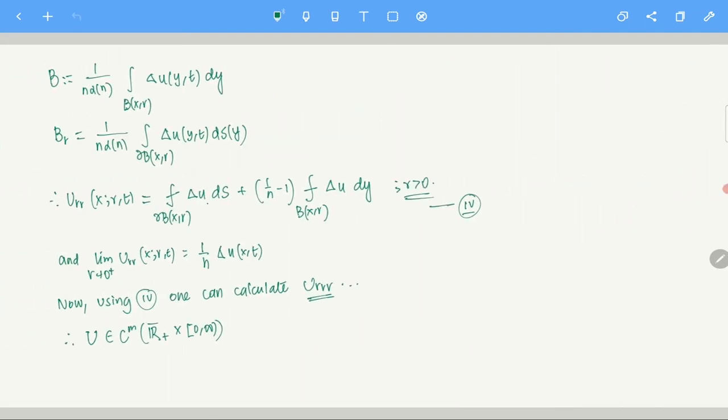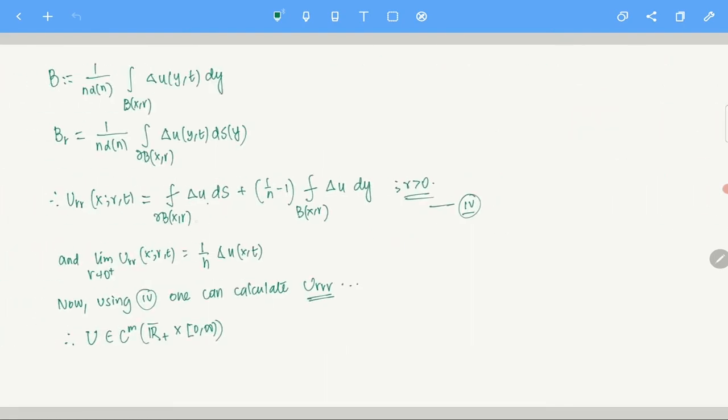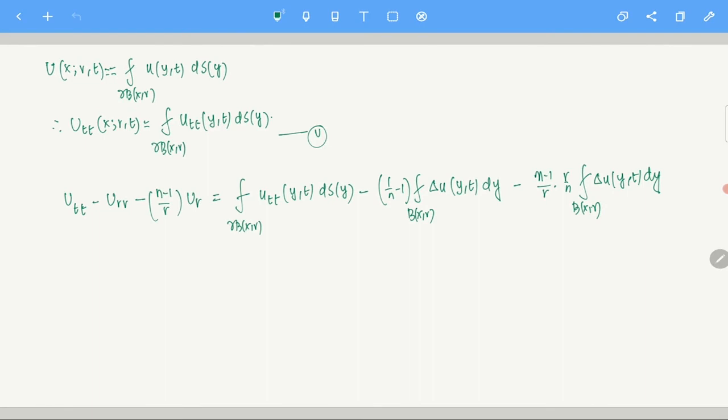I'm just writing what u_rr is: the average over the ball of the Laplacian of u plus this particular term times the Laplacian of u over B(x, r). I am just putting all of this together, that's all.